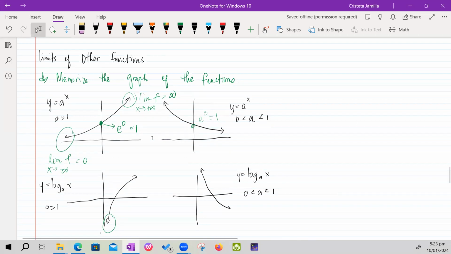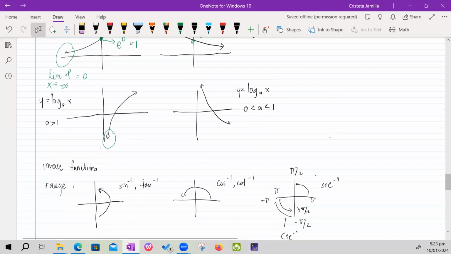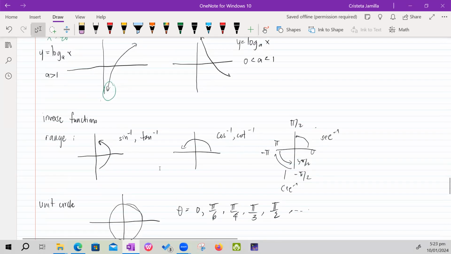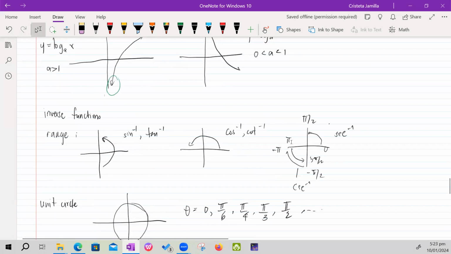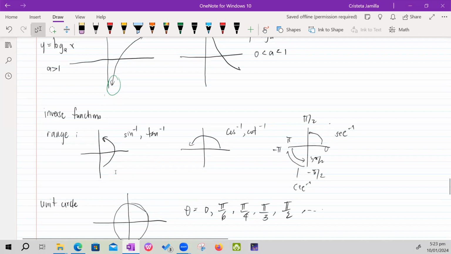Okay. Next, we have the inverse functions. When evaluating the limits, I want you to remember the range of the values of your inverse functions, specifically for sine and tangent inverse. The range, or the values that it can only take, is from negative pi over 2 to pi over 2.